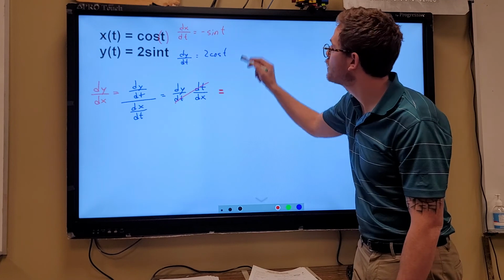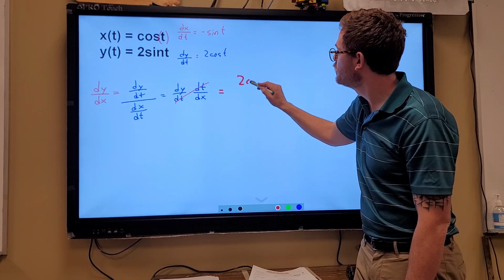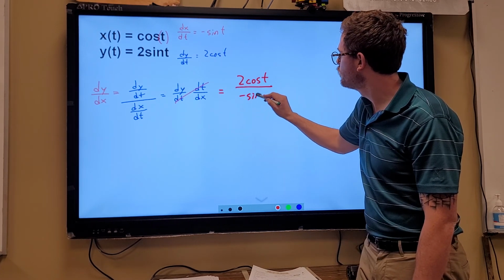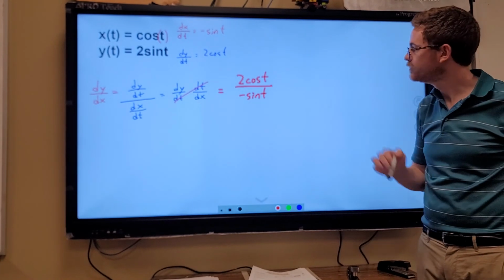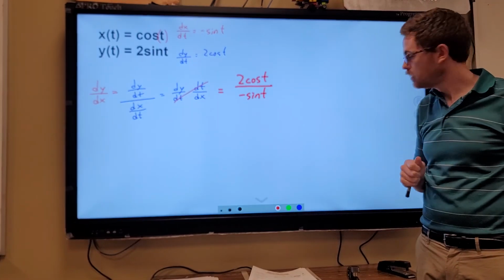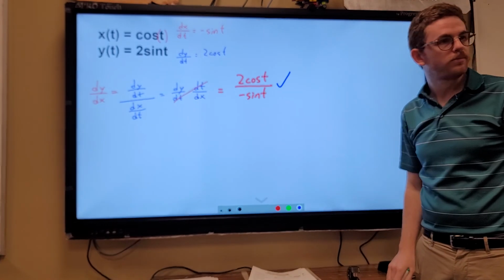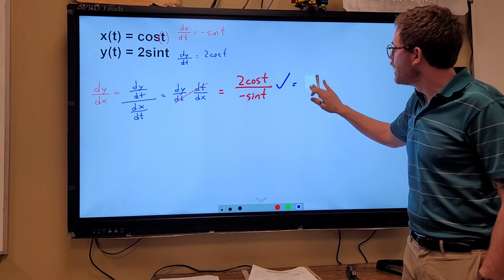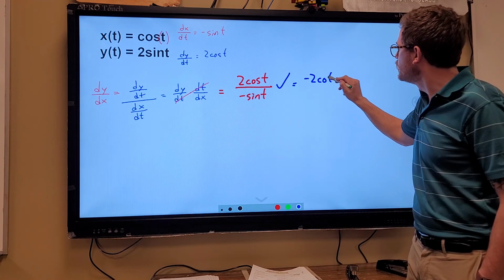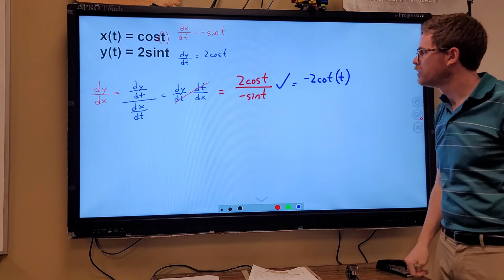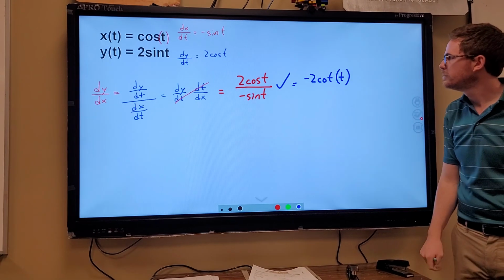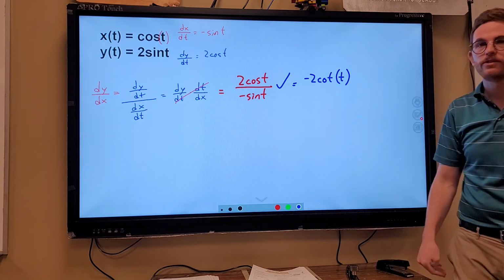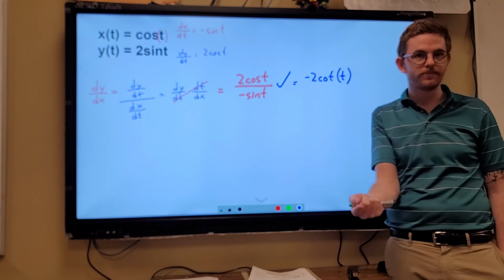So dy over dx is going to be my dy over dt divided by my dx over dt. That's good. We could simplify this and get negative 2 cotangent of t, if we're feeling super good. That's a pretty nice looking answer right there. So that's the first derivative. Cool.